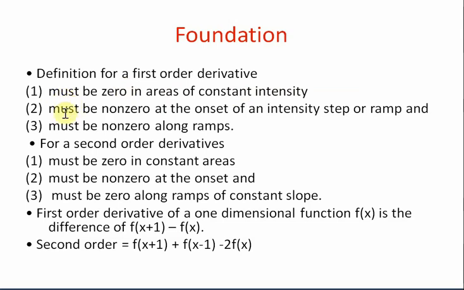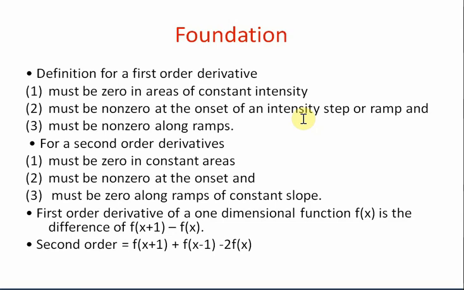The next one is that it must be non-zero at the onset of an intensity step or ramp. The onset of an intensity step or ramp means a sudden variation, the step signal and ramp signal. For a step there is a change from low to high or high to low, and that is the onset.